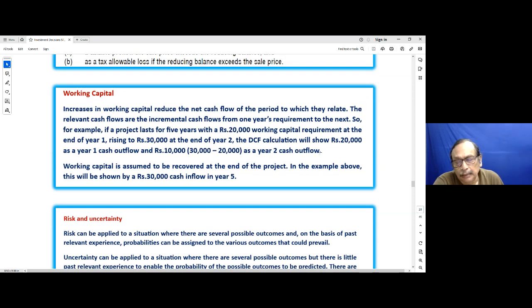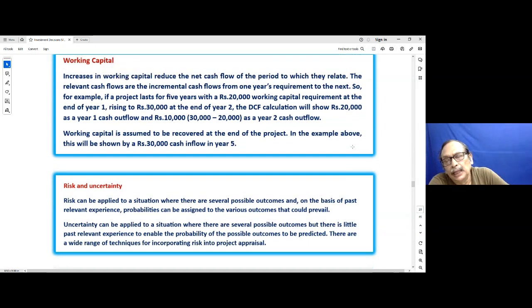So working capital consideration is a very important phenomenon in the context of capital budgeting decision, and we are required to consider the cash outflows accordingly. Ultimately, at the end of the life of the project, whatever working capital is actually needed will be recovered, and that will be shown as cash inflows, of course, at discounted value.